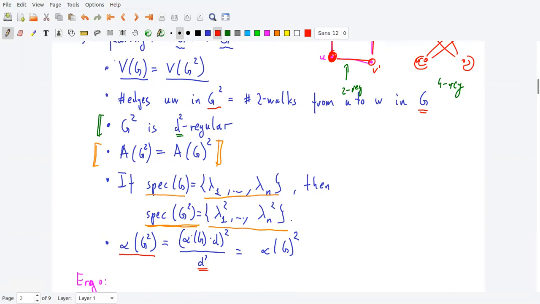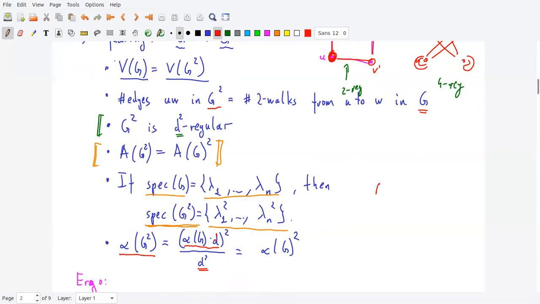And what is the largest eigenvalue in absolute value of G square? If the eigenvalues are simply squared, then it is bounded by alpha of G times D, all squared. Now D square cancels out, and I get alpha of G squared.